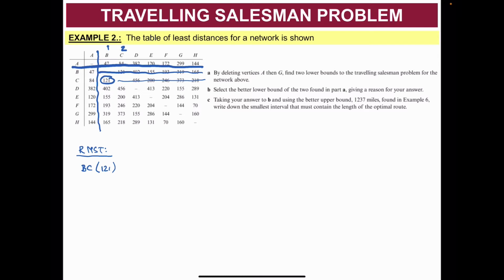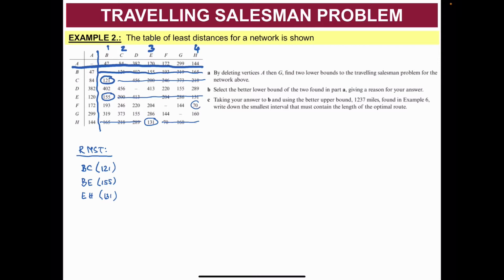Now the smallest value is 155. That gives me BE, 155. E is the third column then. Now the smallest one is 131. That is EH, 131 is cancelled. Then I have H is number 4.